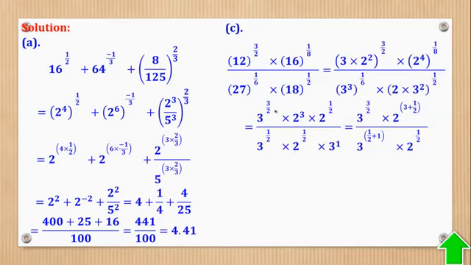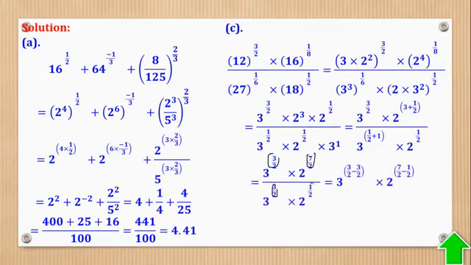Then from there, we shall collect like terms. Numerator has 2 bases which are the same, so you add the powers. Denominator has 2 bases which are the same, you add the powers. Then you simplify, you'll come up with this 3 over 2 here, 3 over 2 here. So 1 over 2 and 1 over 2.